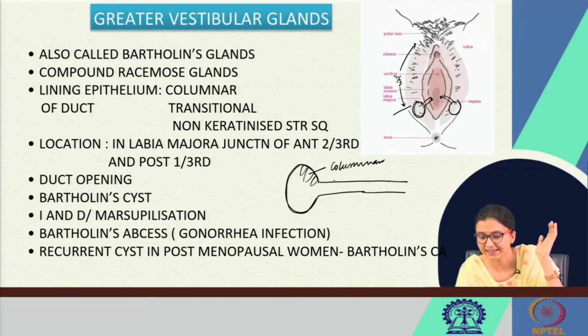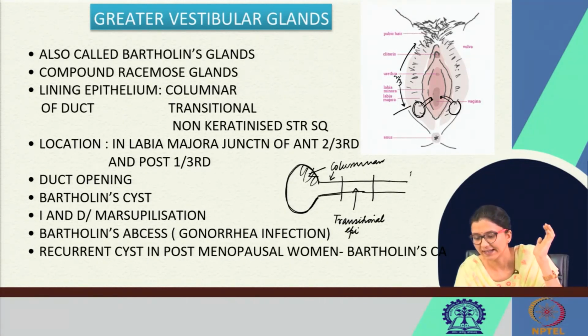The duct has 3 types. Inner portion 1/3 is columnar. Middle portion is transitional epithelium, and at the site of the opening of the duct, the epithelium is squamous epithelium, non-keratinized stratified squamous.